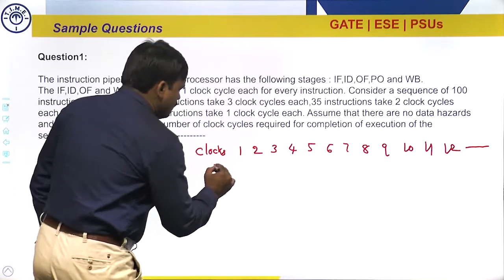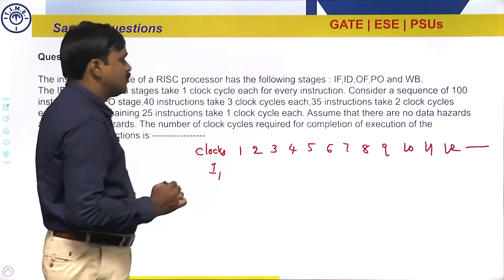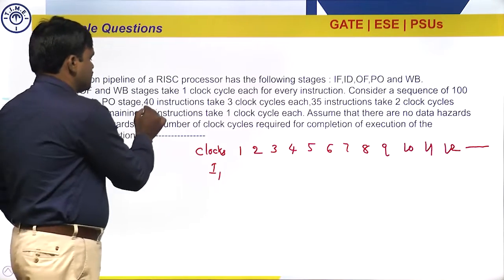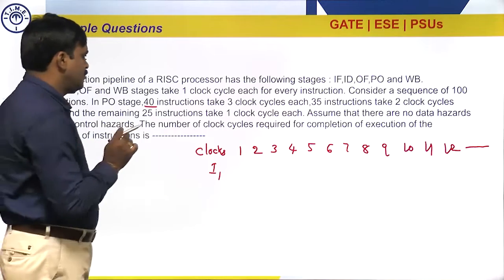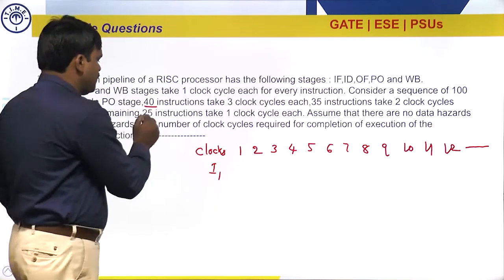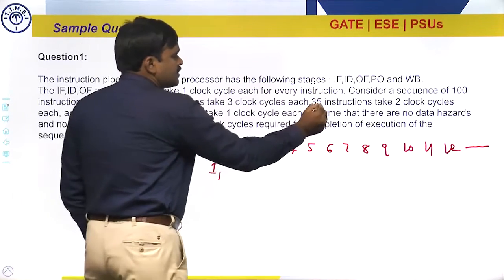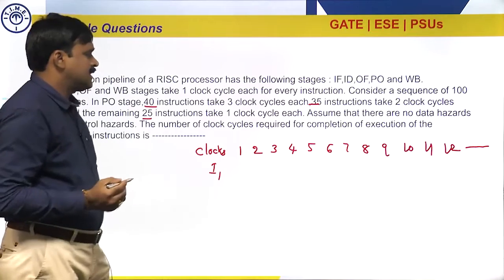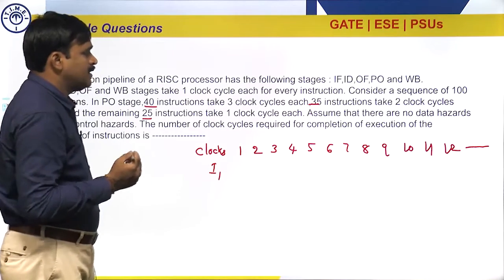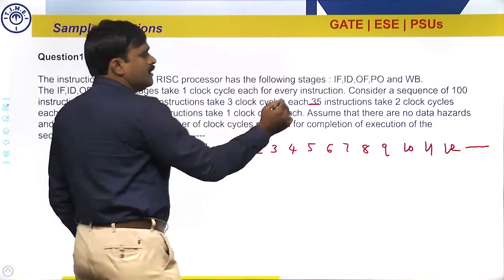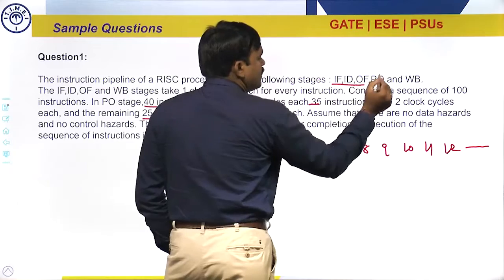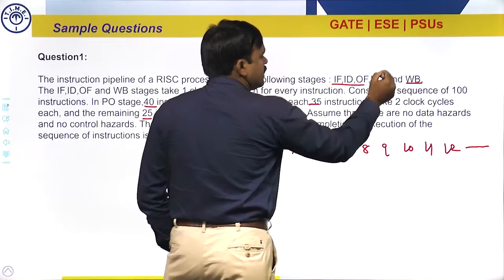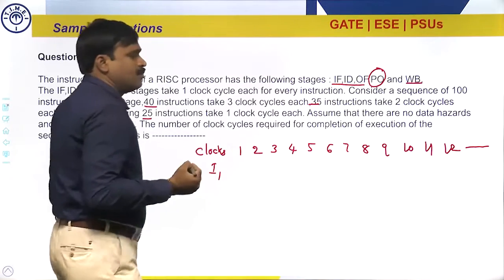For example, let us take 40 instructions. 40 plus 35 is 75, plus 25, total 100 instructions. The first 40 instructions take 3 clock cycles for the PO stage, and the remaining all take 1 cycle only. IF, ID, OF and also WB take 1 cycle, and PO takes a different number of cycles.